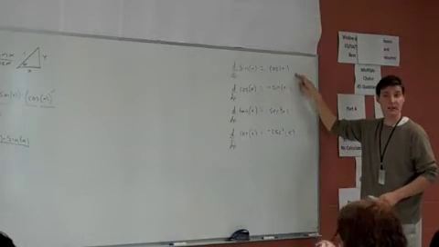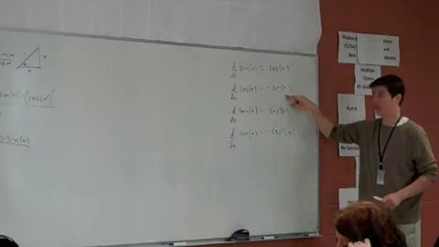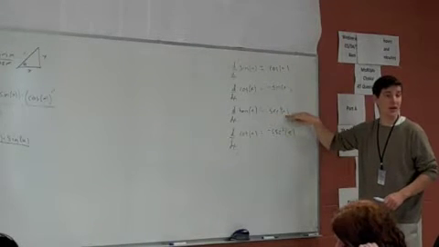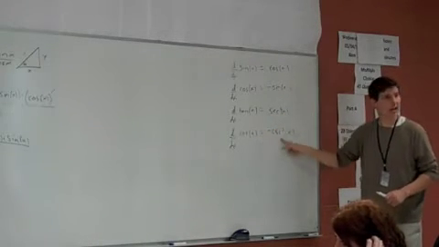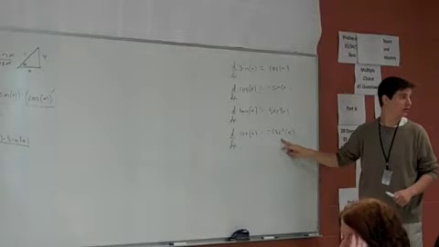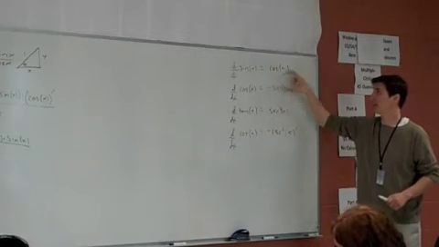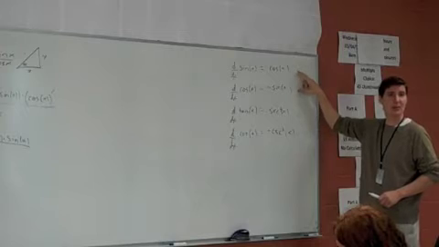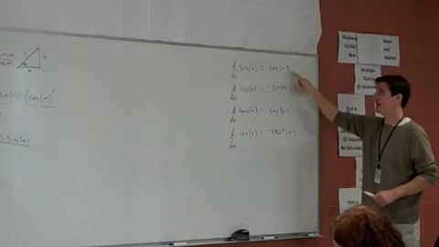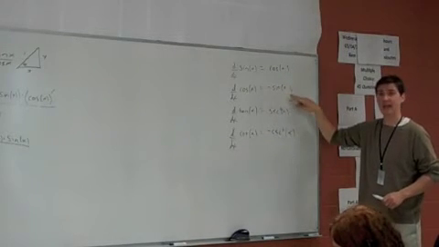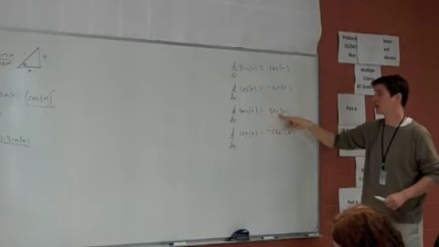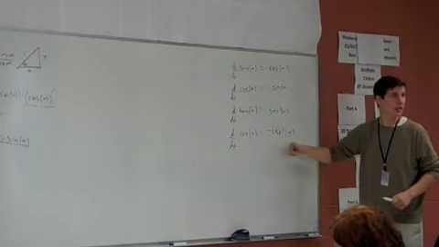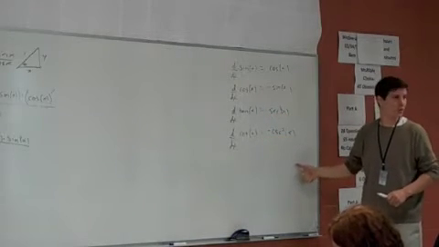Sine is cosine. Cosine, negative sine. Tangent, secant squared. Cotangent, negative cosecant squared. These are kind of paired together. You see how they're kind of paired together? Sine is cosine. Cosine is negative sine. Tangent is secant squared. Cotangent is negative cosecant squared.